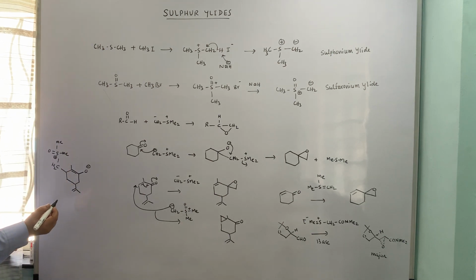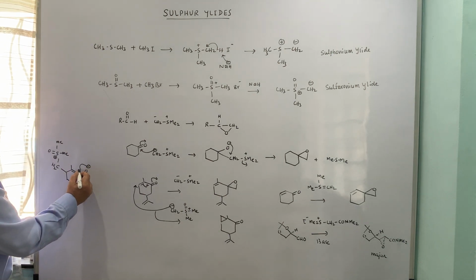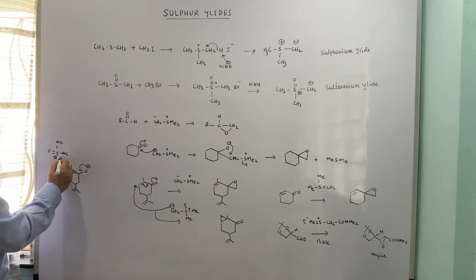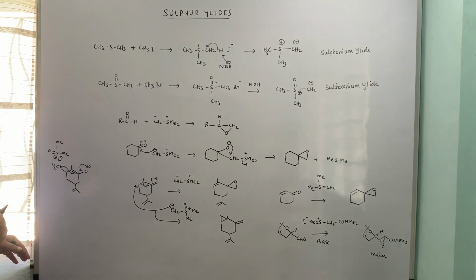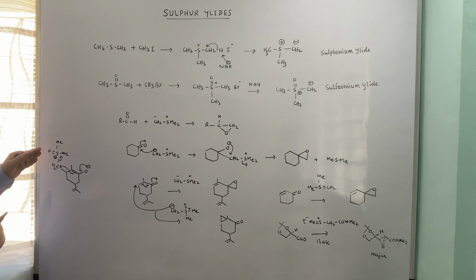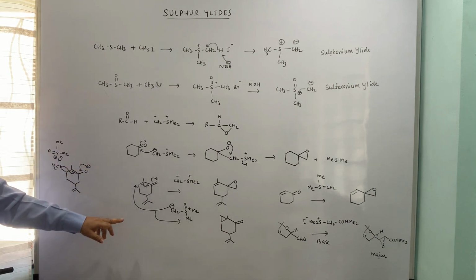Okay, then this comes back, you get the formation of cyclopropane ring, and the dimethyl sulfoxide goes out as a neutral molecule. So that is about the conjugate addition.